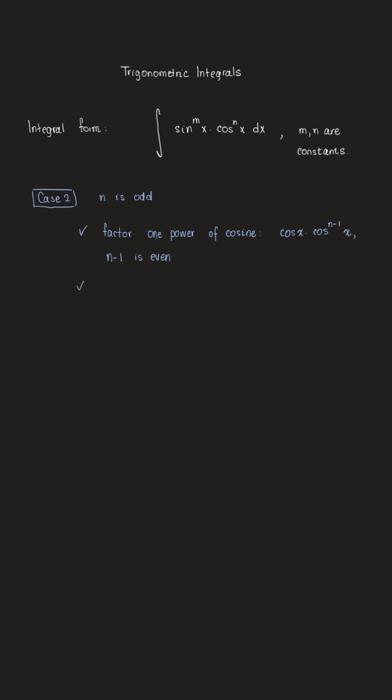The second thing, once again, is the same Pythagorean identity. We're going to use the Pythagorean identity to substitute the even power of cosine. And this time we'll use it in the following form, that cosine squared x is 1 minus sine squared x, to substitute the even power of cosine that's left.